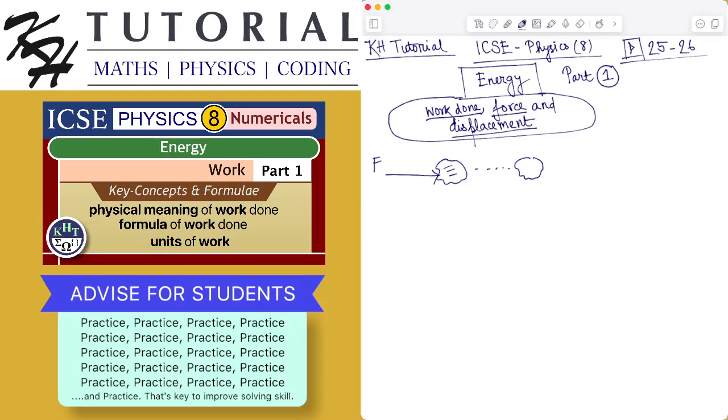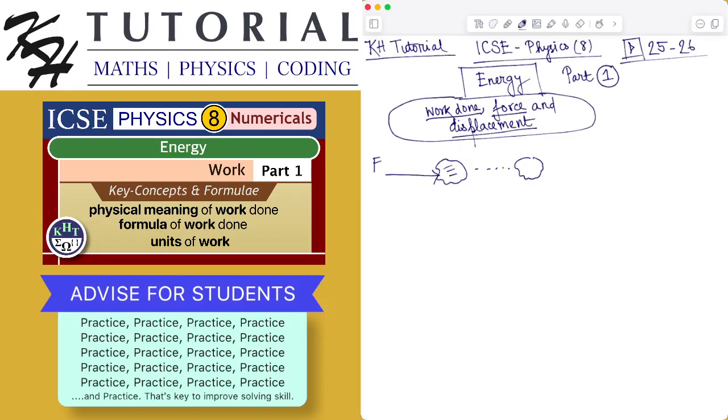In all these conditions, we say that the applied force is doing some work on the body. And also, if the size or shape of the body is changed by the force, we say the force F is doing some work on the body.